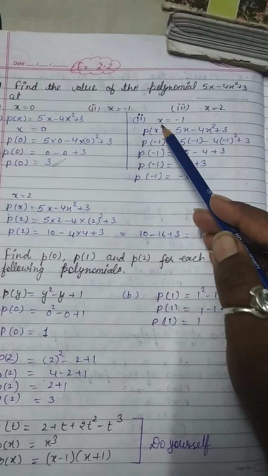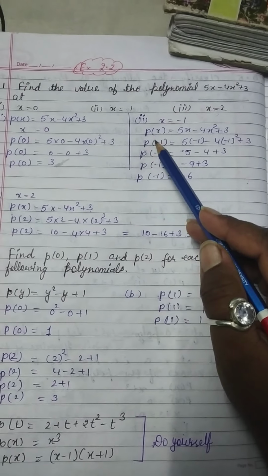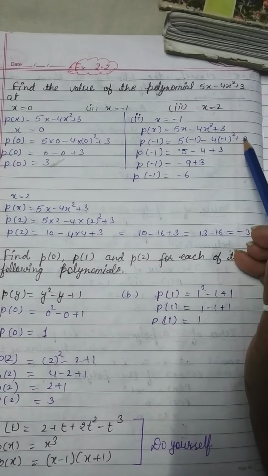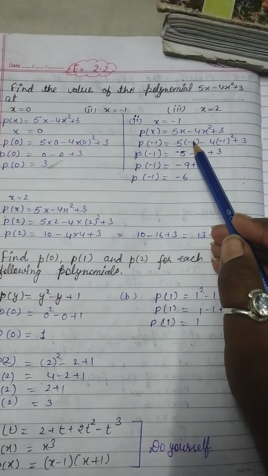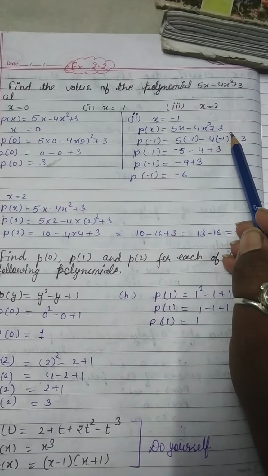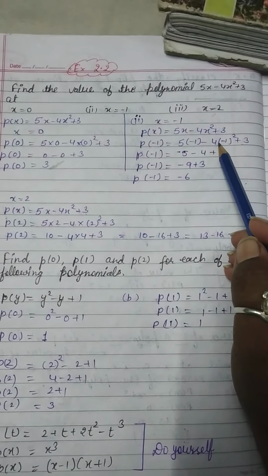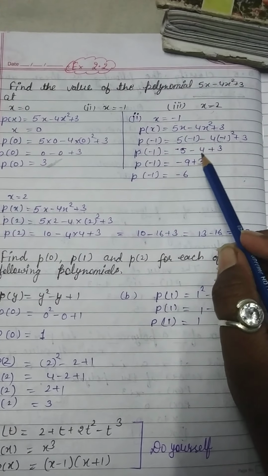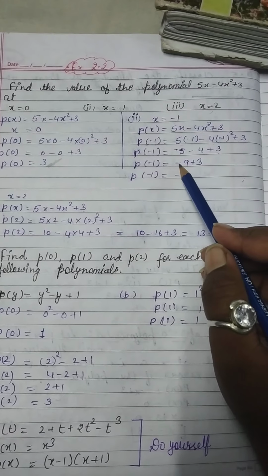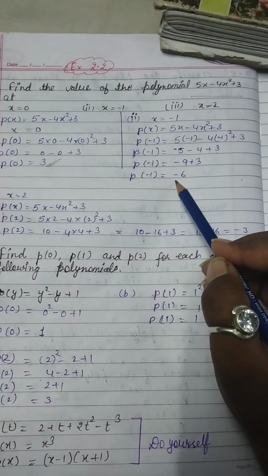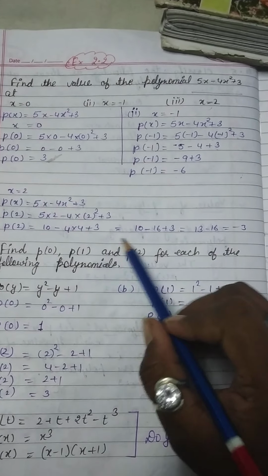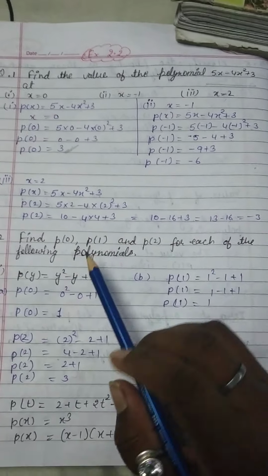Similarly, putting x equal to minus 1, so p(minus 1) is 5 times minus 1 minus 4 times (minus 1) square plus 3. 5 multiplied by minus 1, we get minus 5, and minus 1 square is plus 1. Plus 1 multiplied by 4, we get 4, plus 3. Okay, minus 9 plus 3, that is minus 6. And similarly, x equal to 2, putting this value and find the answer.